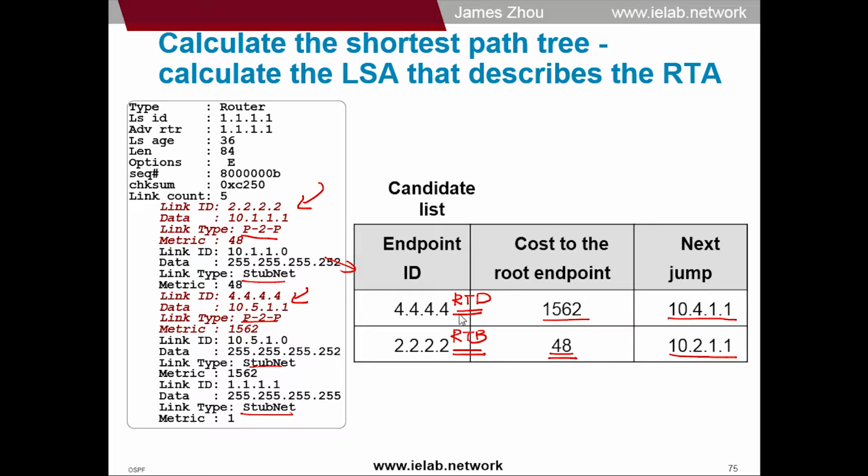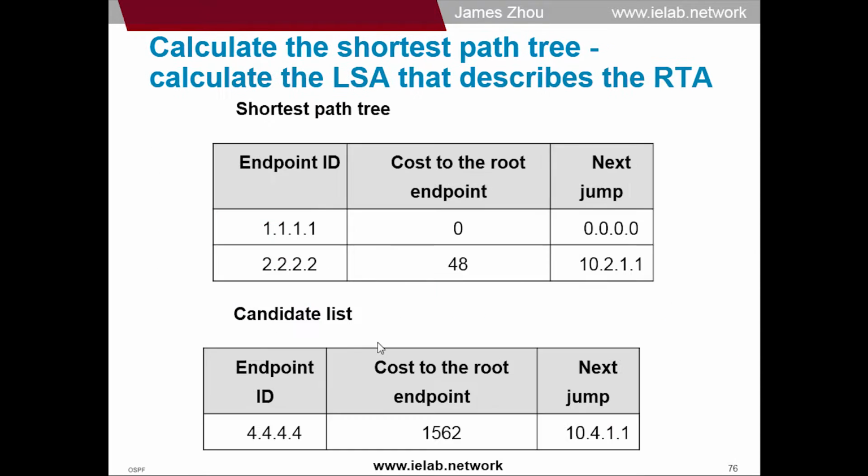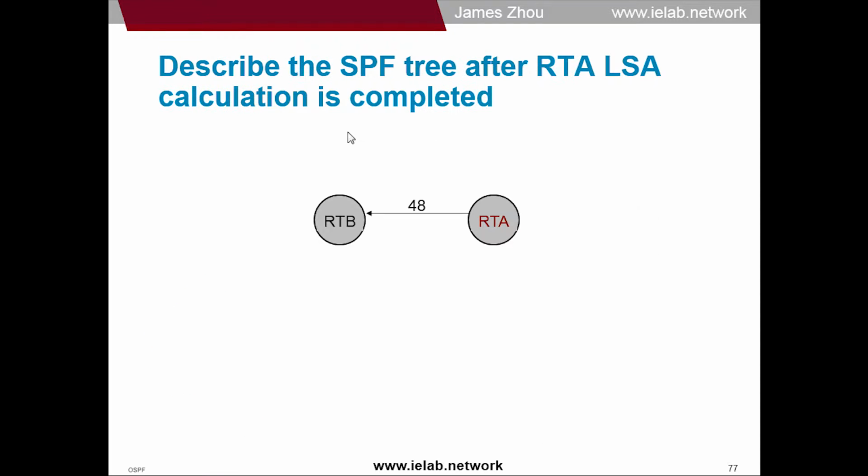So for the shortest path tree, we must put RTB into the shortest path list. Okay, from the candidate list we put 2.2 RTB into the path list. Now we will write the directed graph. RTA to RTB cost 48.